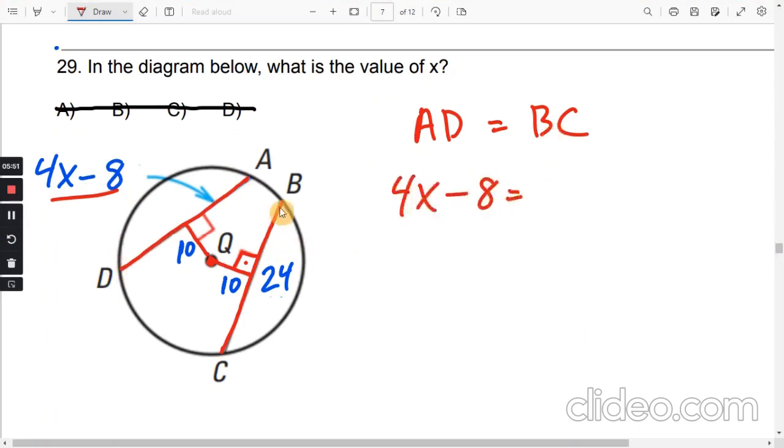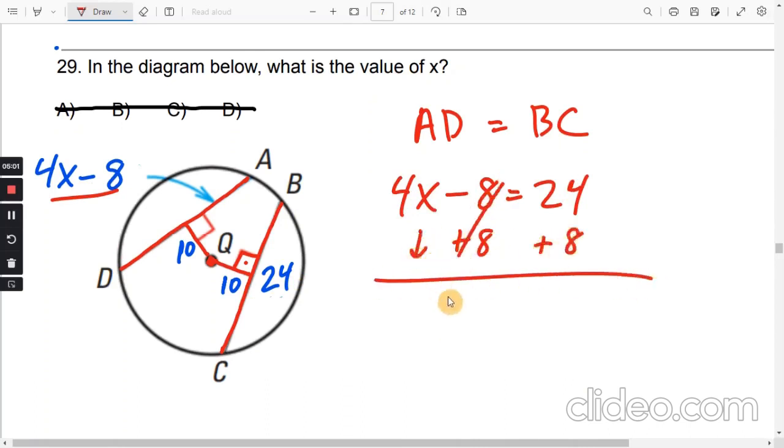And that equals BC, which is just 24. All right, the opposite of minus 8 is plus 8. The 8's cancel. Bring down your 4x. 24 plus 8 is 32. The opposite of times 4 is divided by 4. And x is just 8.